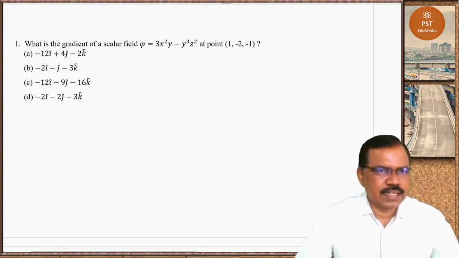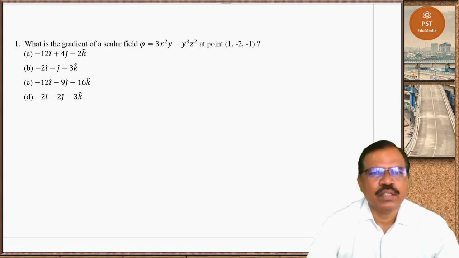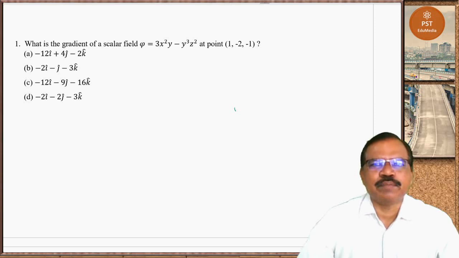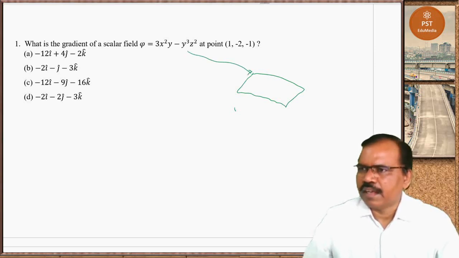What is the gradient of the scalar field phi equal to 3x square y minus y cube z square at the point 1, minus 2, minus 1? Here this is some surface defined by this phi, and we find the gradient.